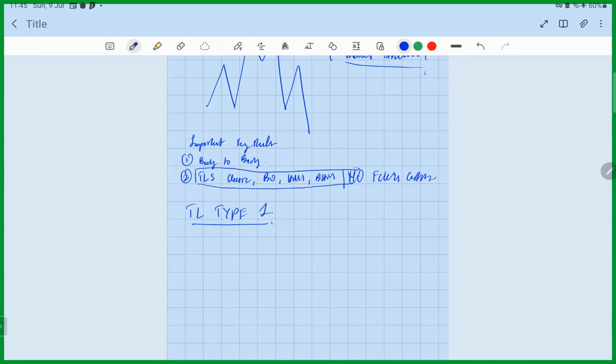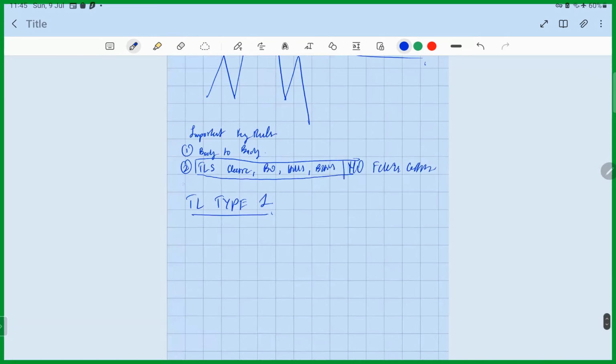And number 3, don't force it. If the trend line appears, it appears. You don't have to force a trend line to appear. If they don't appear, don't pretend like you are okay.